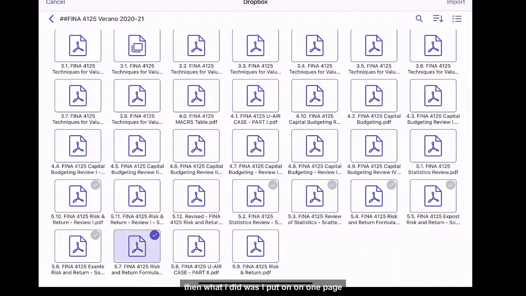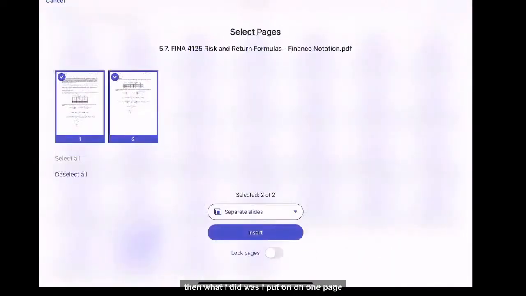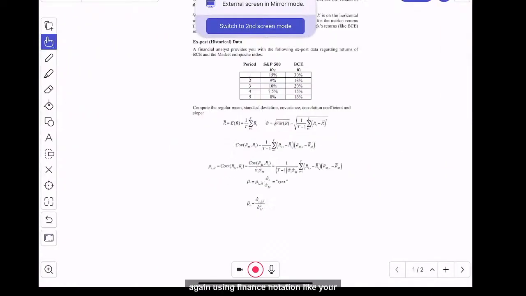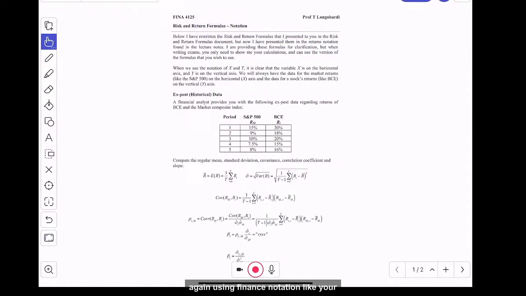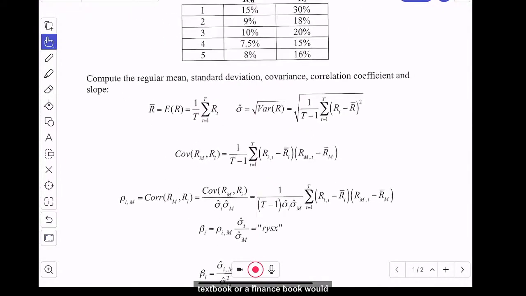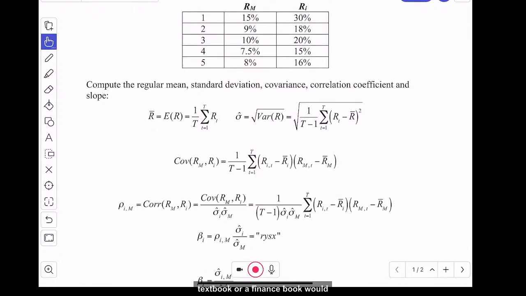Then what I did was I put all the formulas on one page again, using finance notation like your textbook or a finance book would. These are all the same formulas, but rather than X, I'm putting R for return. And then what I do next with the notes is get into talking about where R comes from. How did these R's get derived?